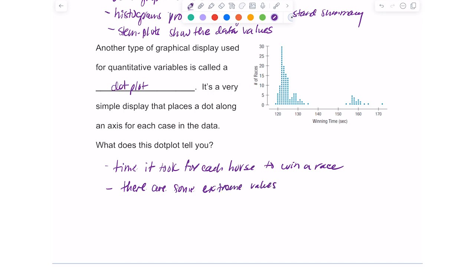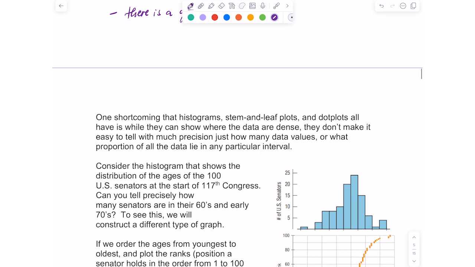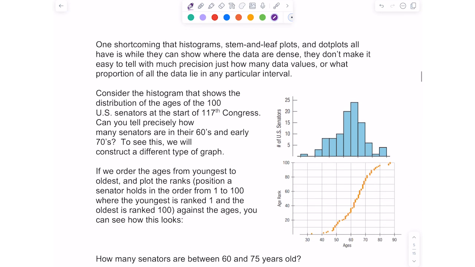And I also notice that there's a gap in the data. Okay, and a lot of times those gaps or unusual features are the interesting part of the data that you're looking at. Other times they could be a mistake, but you never want to throw away values right away because they could hold a lot of interest in what we're looking at.